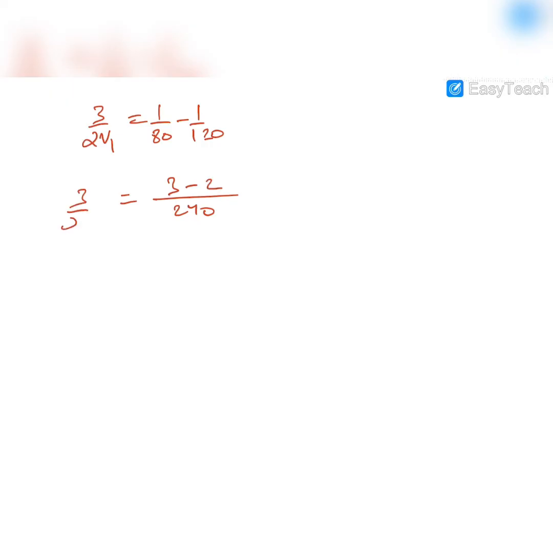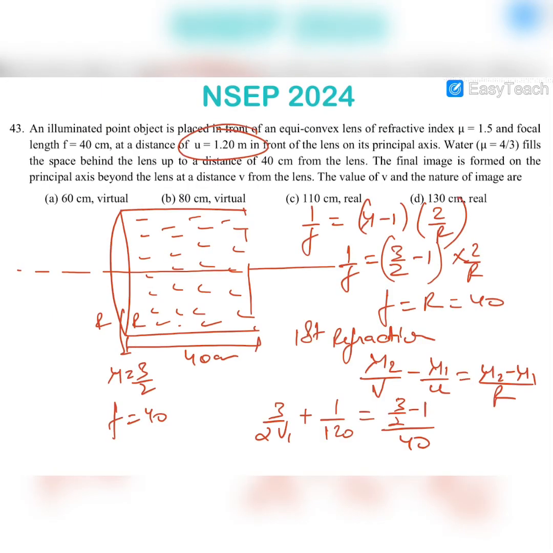So 3 by 2 v1 will be equal to 1 by 240, and this is 120. So v1 will be equal to 360. Now v1 is 360, which means that the image of first refraction is at a distance of 360.